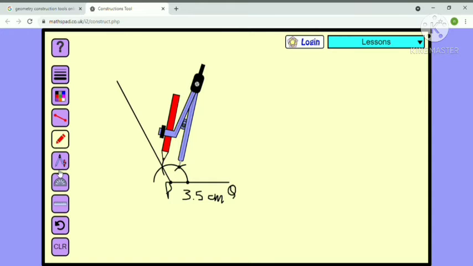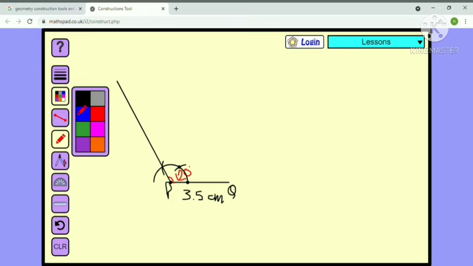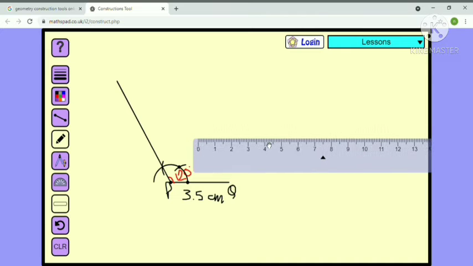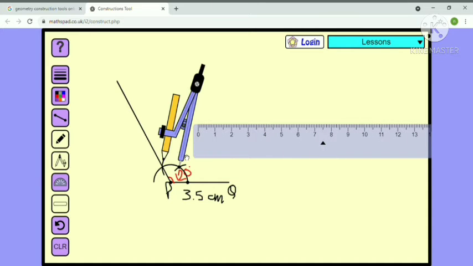Next, with P as center, draw an arc with radius 3 centimeter that intersects PX at point R. So let us take a ruler and measure 3 centimeter in the compass.